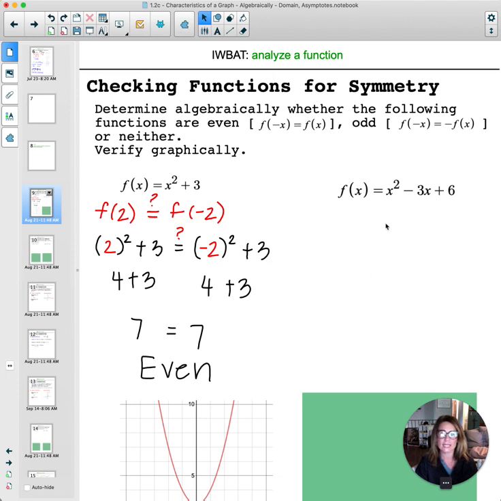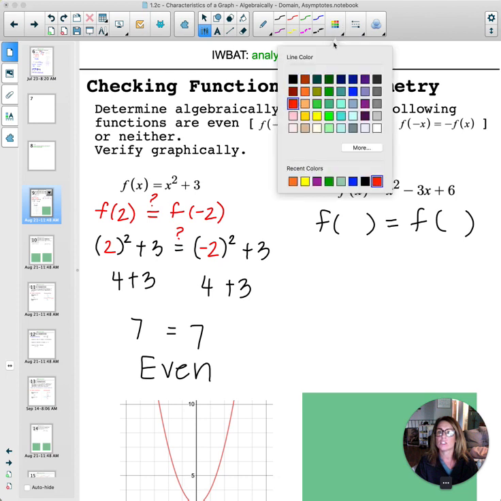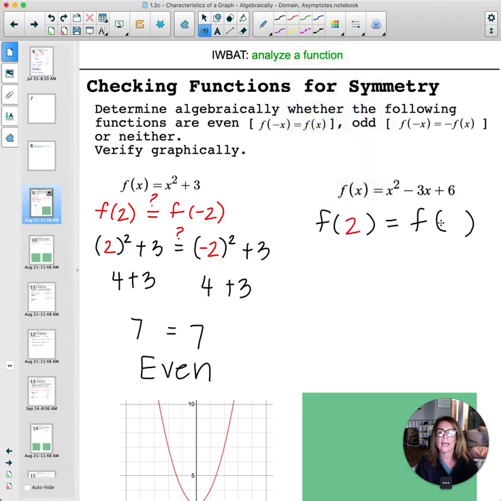So let's take a look at this one and do the same thing. You can just take 2 again if you want to. I'm going to check if I plug in 2 and I plug in -2, what happens?